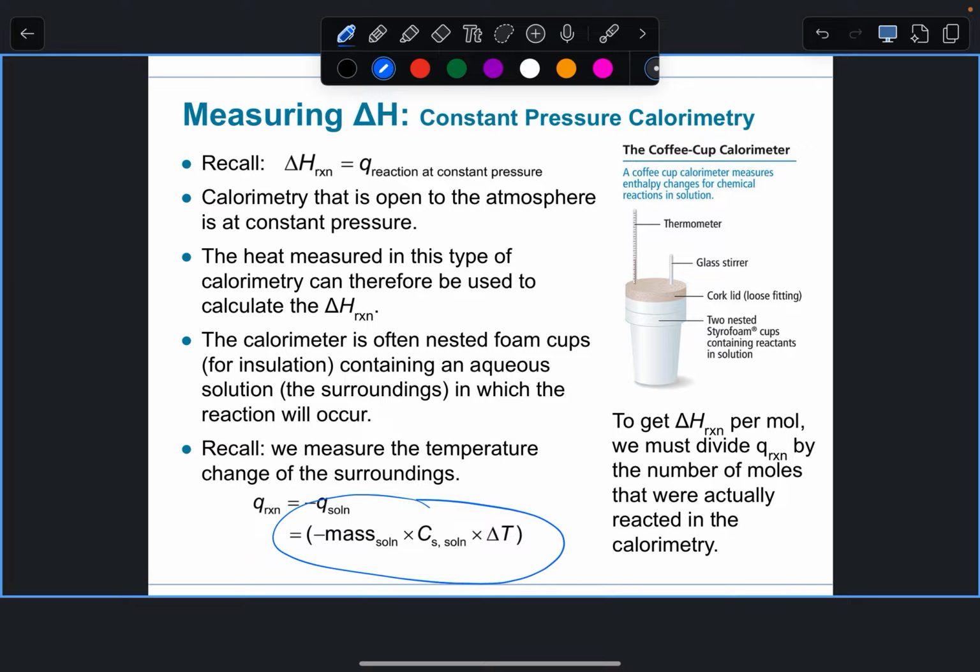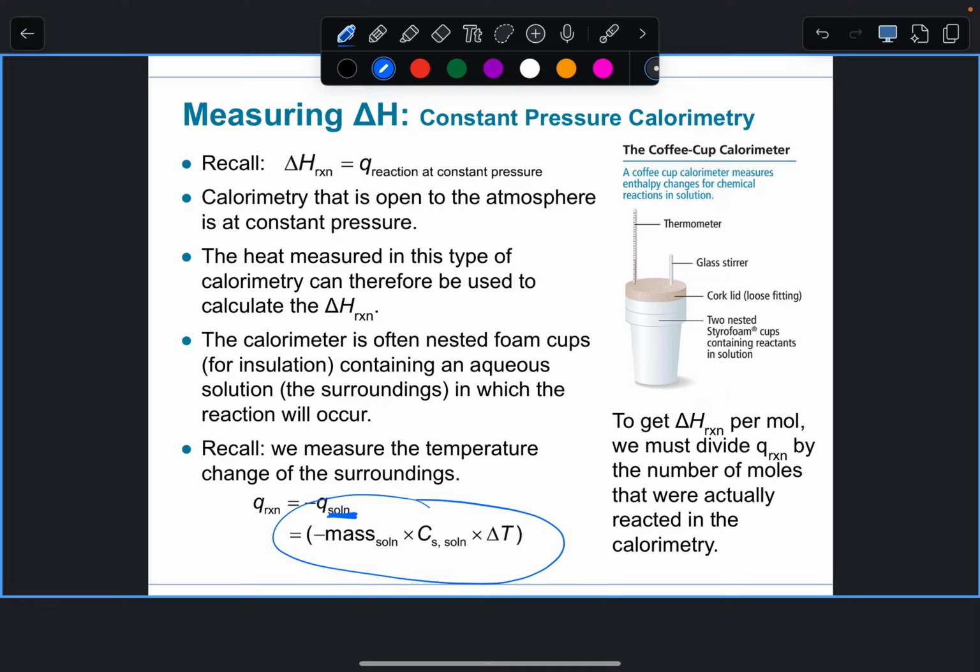We couldn't directly calculate the heat that the metal lost, but we knew what the water was, so we could calculate it for the water and then say the metal is the same number, just opposite sign. We're going to do the same thing here. We're going to calculate it for the solution, SOLN there at the bottom, which, like I said, is mostly water. And then we'll know that the reaction is the same value, just opposite sign. Okay?